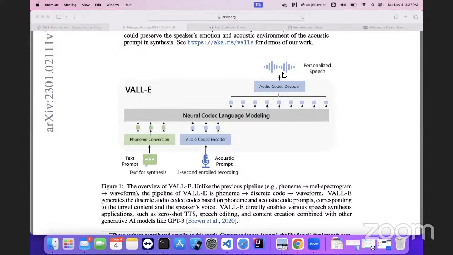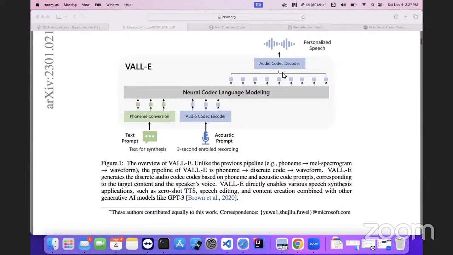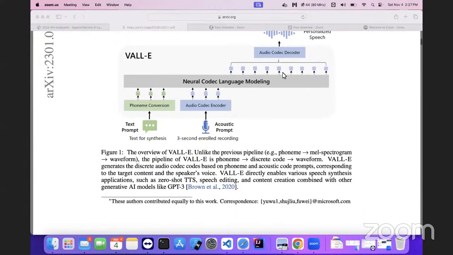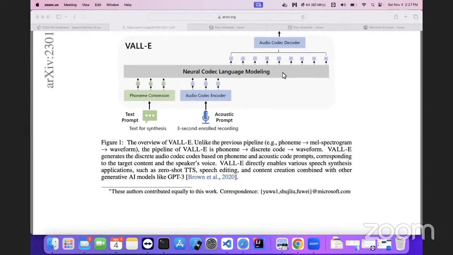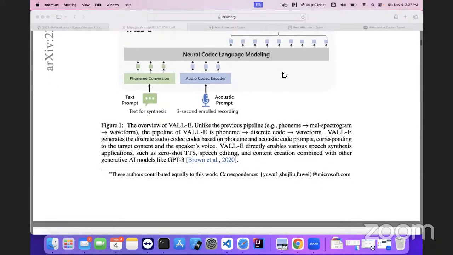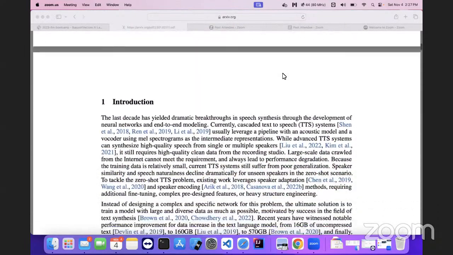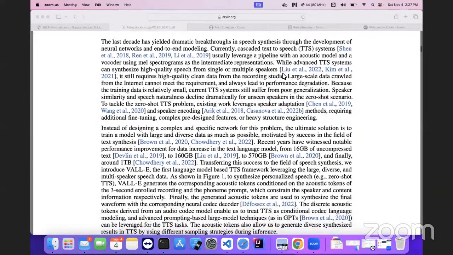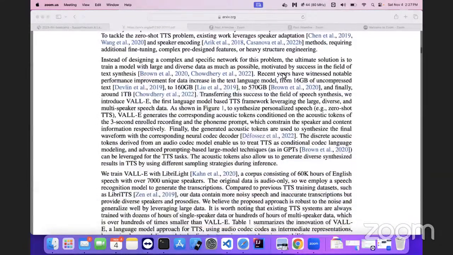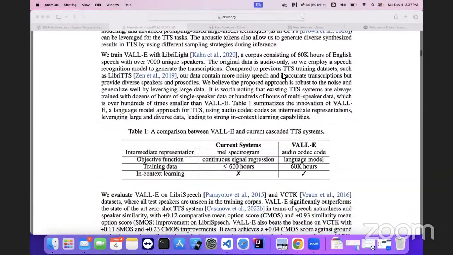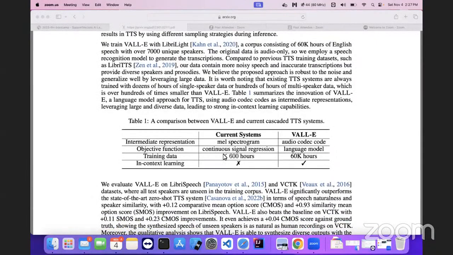But before we can appreciate what these people have done, it will be good to see a little bit of history, what previous people have attempted to do. There are a lot of previous works in this area actually, but this table kind of summarizes how these people have approached it differently.